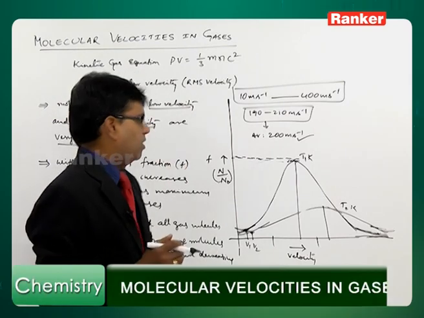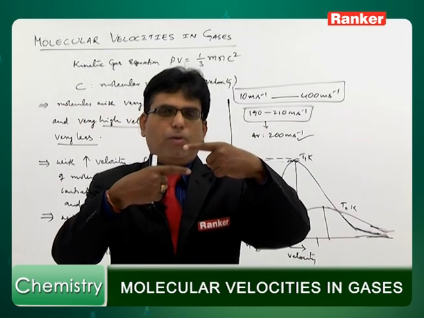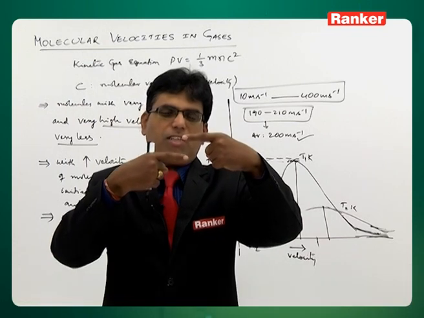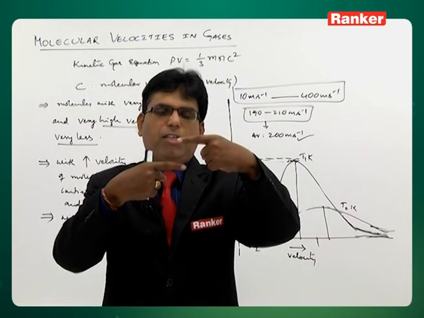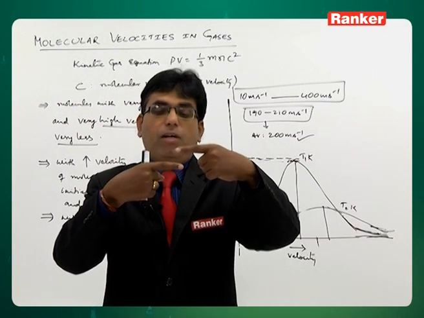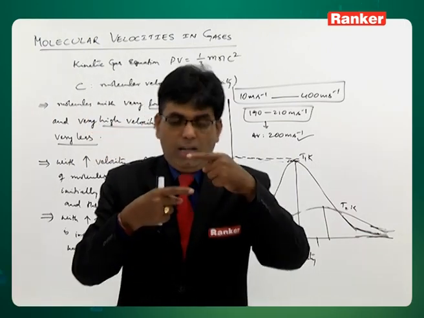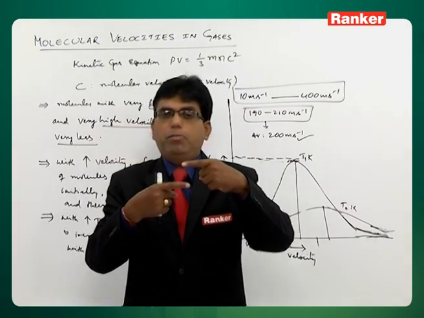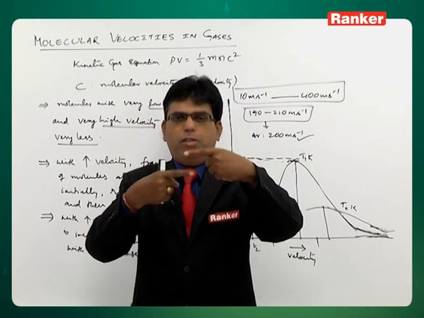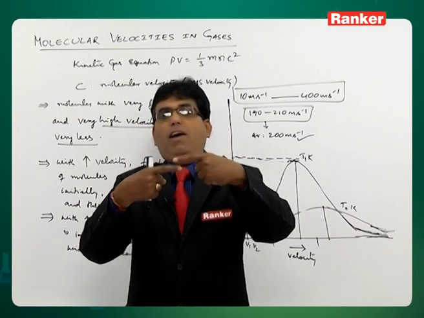At the same time, there is another possibility: if two particles are moving in opposite directions but with equal velocity, say 100 meters per second and minus 100 meters per second, then when you take the average, there is every possibility that the average may become 0, because one is moving in the positive and the other in the negative direction.